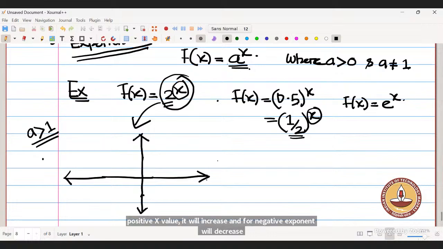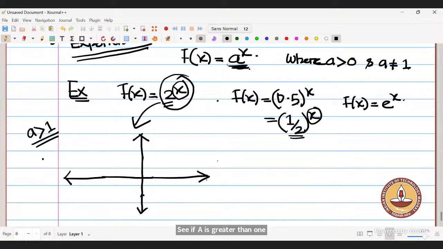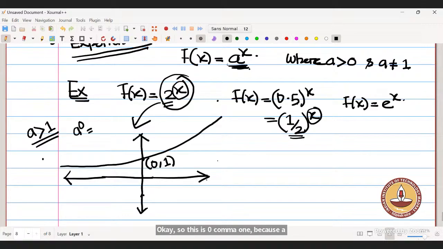So if a is greater than 1, then the graph will look like this, right? So this is (0, 1), because a power 0 is always 1, irrespective of what a is. If a is greater than 1, a power 0 is 1. If a is between 0 and 1, also a power 0 is 1.